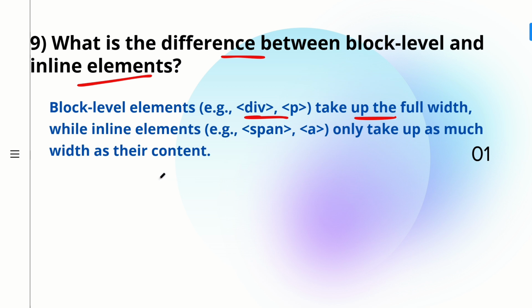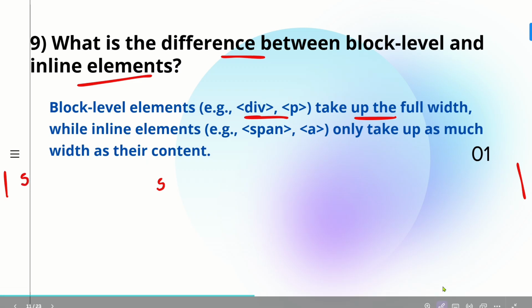What happens if your div only has some information, like s? This is the only content available in our div. If this is our whole screen from here to here, then your s will be written here. One second, let me just rub it.